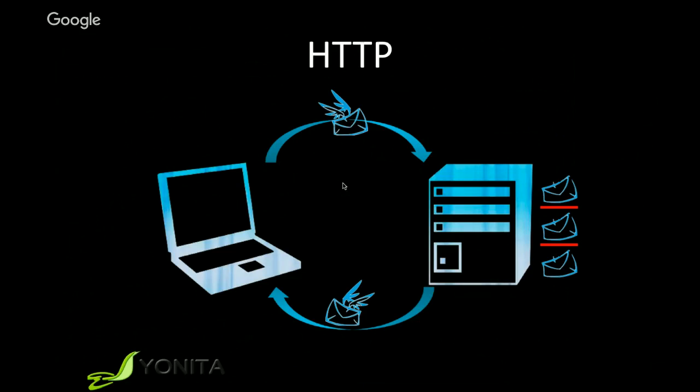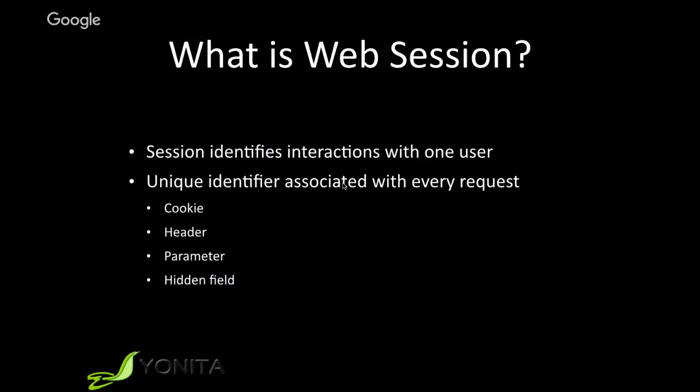Let us think about users' permissions to perform a given function. We need to keep track of, for example, his shopping basket, and so on and so on. So how can we achieve that? That's the place where a web session comes in handy. A web session identifies interaction with one user.